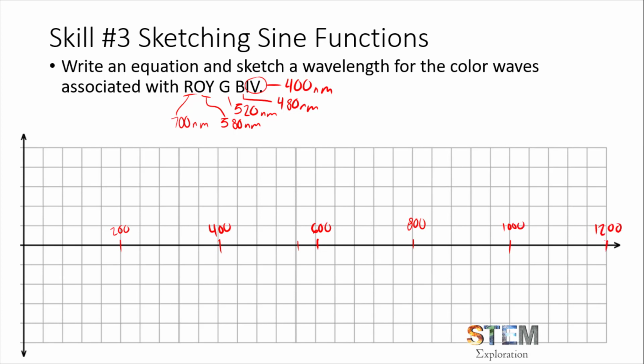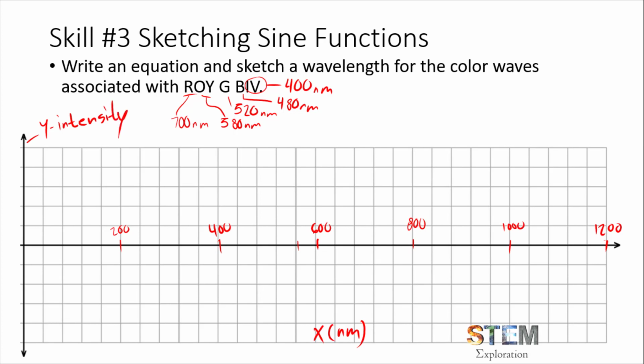And let's say we want to draw some sine functions out. Well, the trick to this is, let's say we treat the x-axis here as a length in terms of nanometers, and then y is just the intensity of the light, which would be a pretty typical situation here.